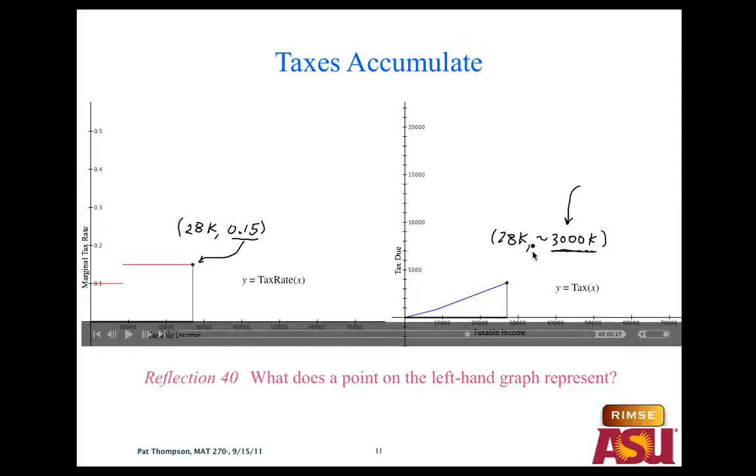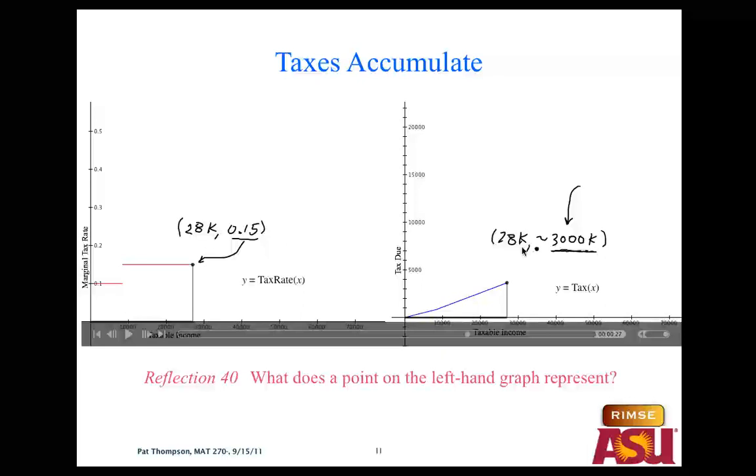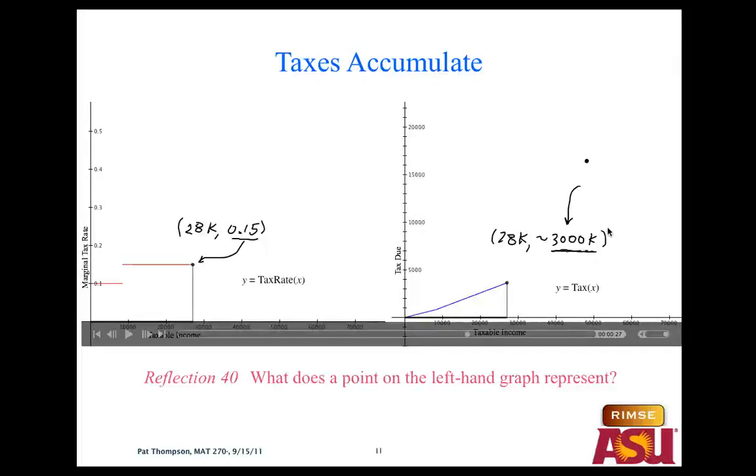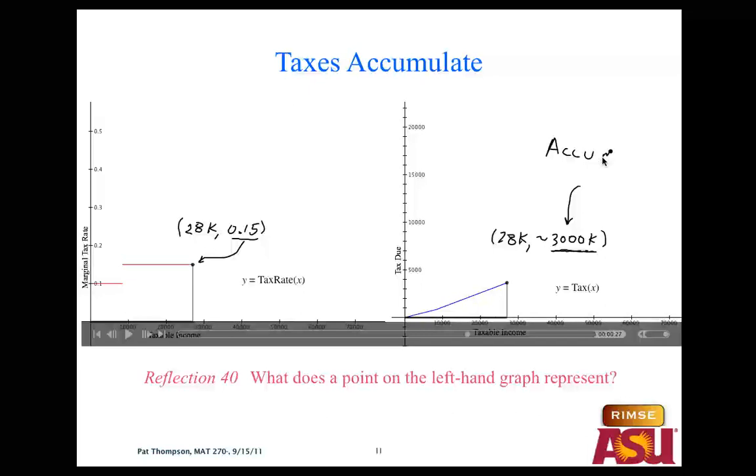So you're saying it's all the taxes on all that money earned so far. She said all the taxes due on all the money, all 28,000 that you've earned thus far. Yes. So this is what we're going to call the total accumulated tax due.